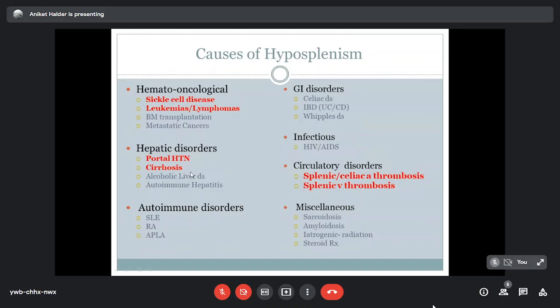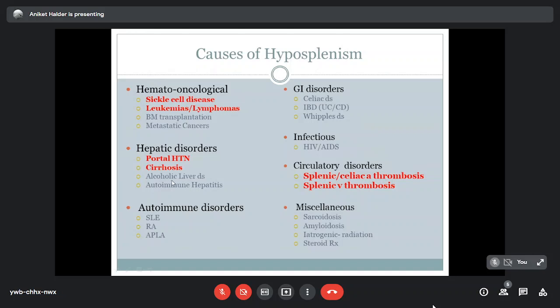There can be a reticuloendothelial block, in which the over-functioning of the splenic white pulp can often lead to dampened responses to different infections, and increases chances of infections, and may cause hyposplenism. Alcoholic liver disease and autoimmune hepatitis can cause hyposplenism.